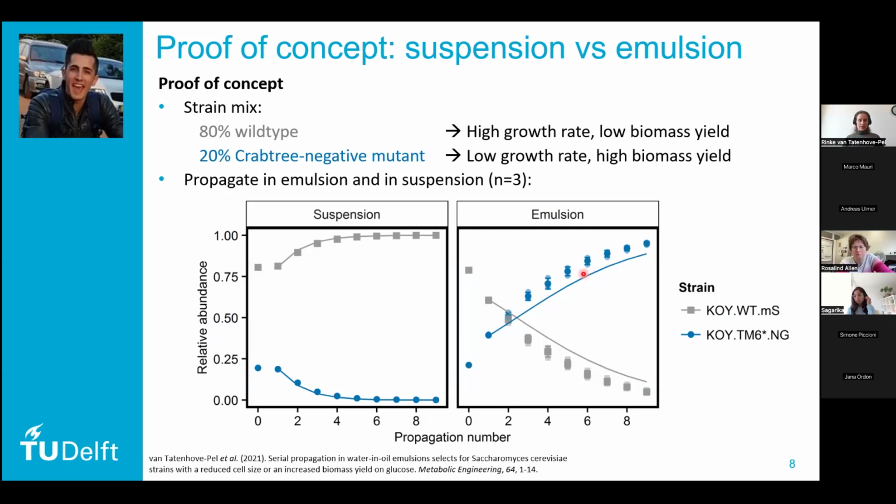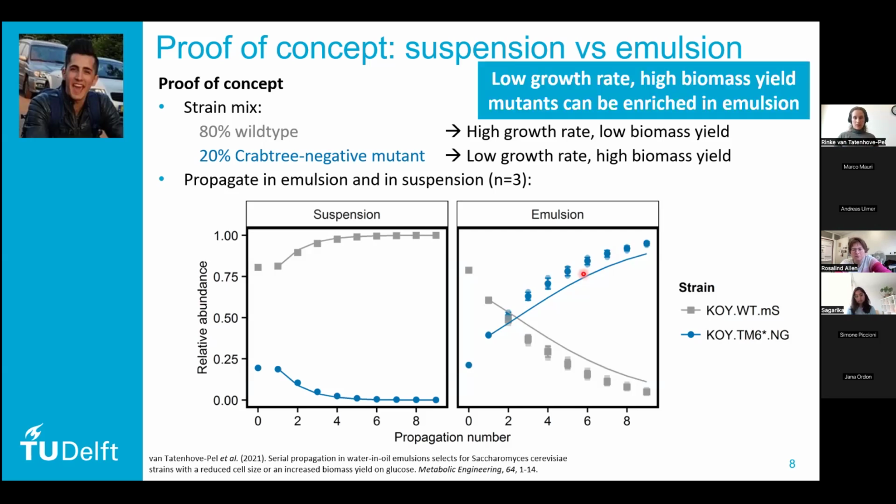And here again, the solid lines are the predictions on how fast we think the wild type would outcompete the mutant based on how many offspring we know they make. And also there it fits quite well. So if we grow organisms in a spatially structured environment, we can enrich for cells that have a low growth rate, but a high biomass yield.